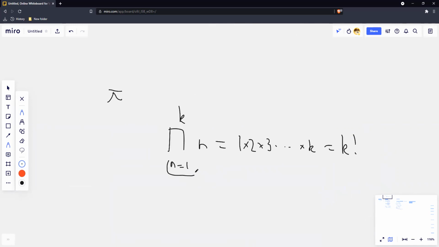You have your subscript here, n equals 1, which is also called the dummy variable, and your superscript k, which is the maximum value of n. We plug in n equals 1, we get 1, we plug in n equals 2, we get 2, and we go all the way to k. So we get 1 times 2 times 3 all the way to k, which is equal to k factorial.